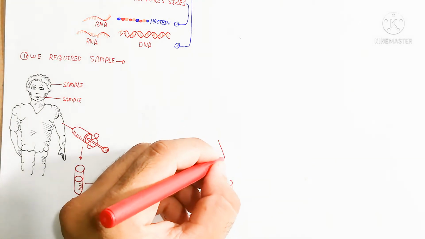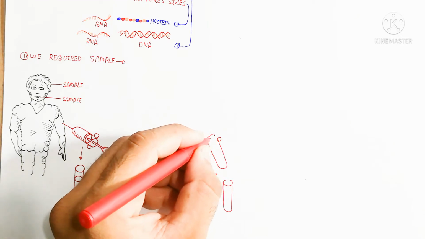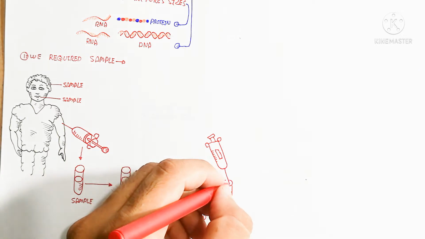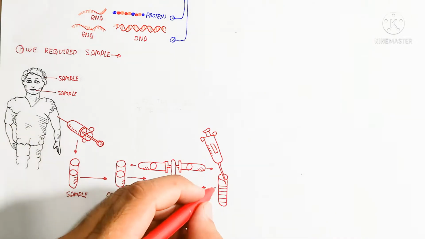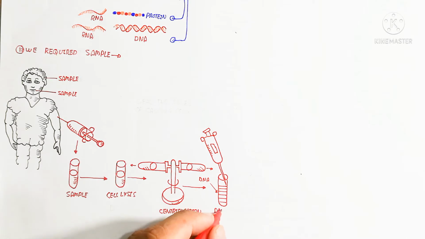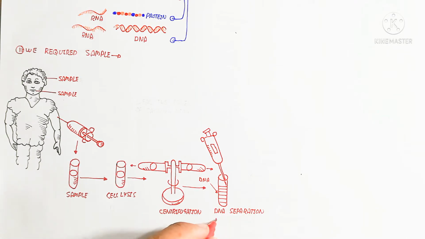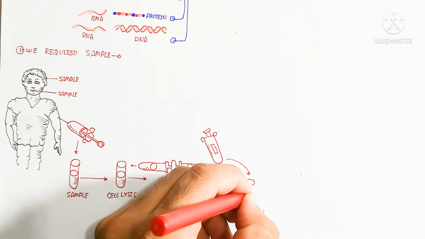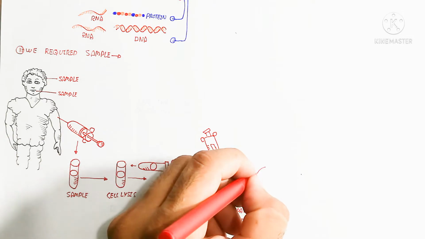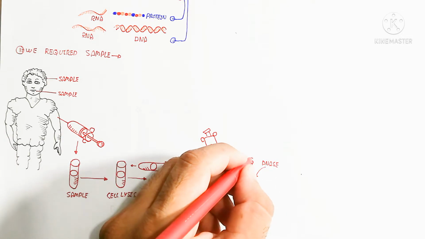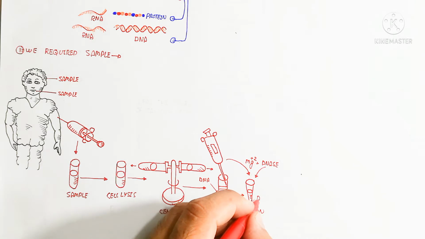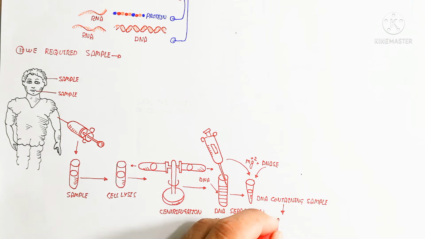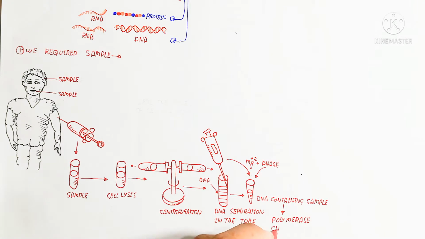After taking the blood sample, different enzymes are used for cell lysis. The proteinase enzyme is used to destroy the protein, and after centrifugation, the sample separates into different phases in the tube. The DNA separates in the tube on the basis of its density, so we can detect and collect the DNA-containing solution or serum.